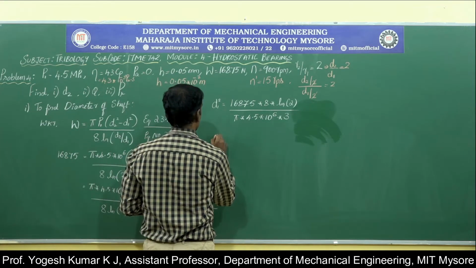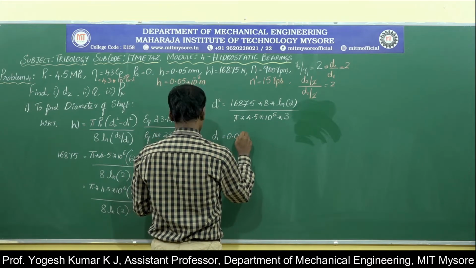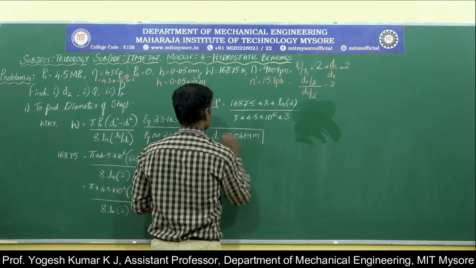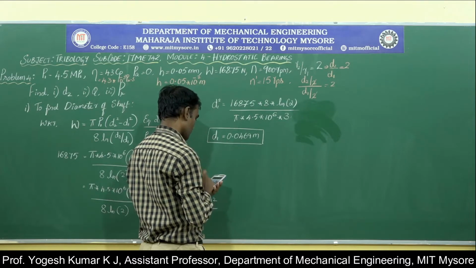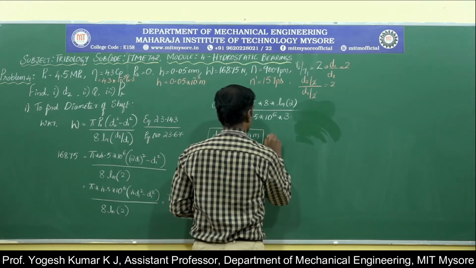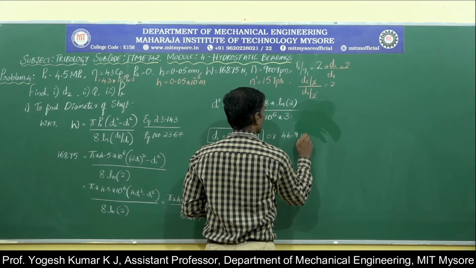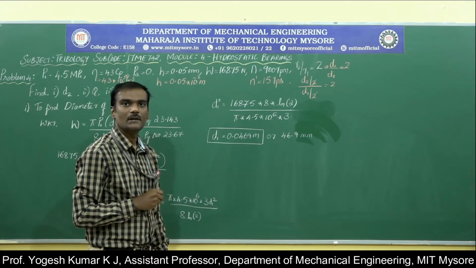So we get d1 as 0.0469 meters, or 46.9 millimeters.